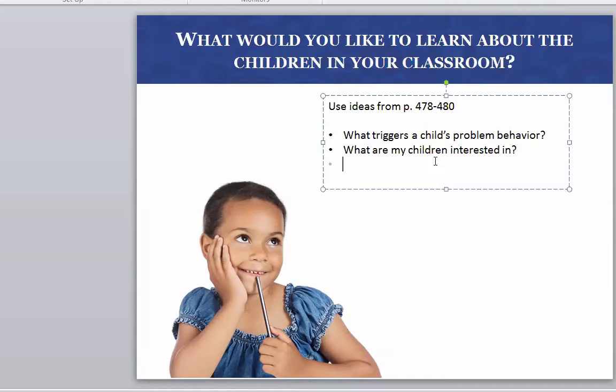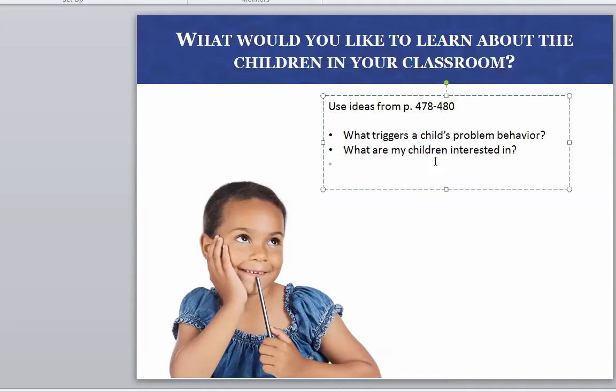I'm ready to type. So I have started here. What triggers a child's problem behavior? So if you have a child that's acting out for some reason, trying to figure out what happens directly before that to cause the behavior.